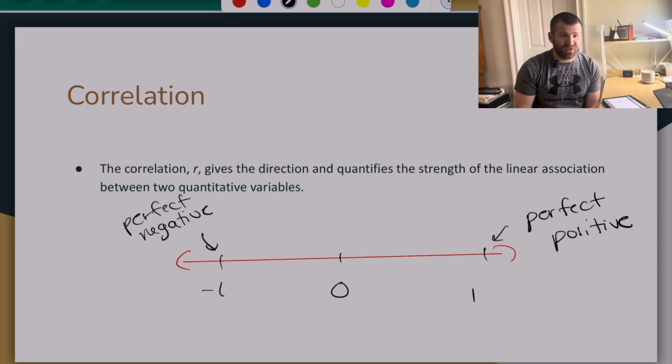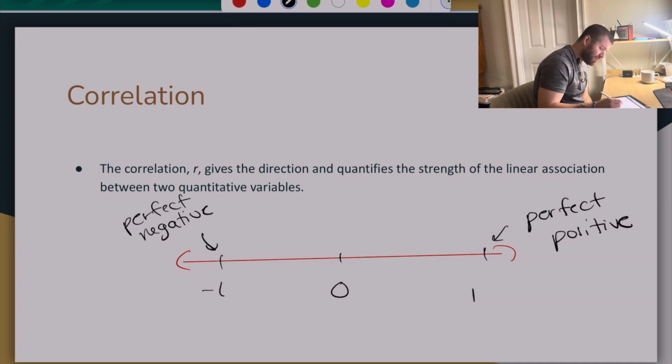And a positive correlation isn't always a good thing either. If we're looking at the amount of cholesterol you eat and the incidence of heart attacks, that probably has a positive correlation. That is not a good thing. We don't want people to have heart attacks.